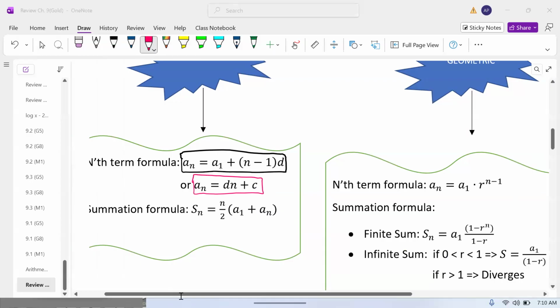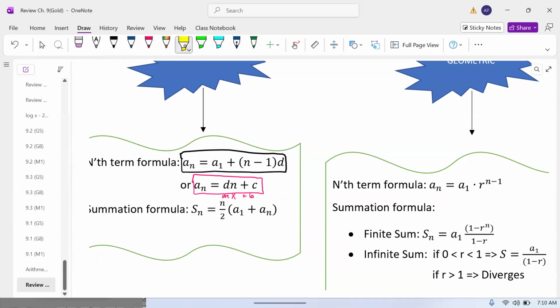So this d, the common difference, is the same thing as your slope. So this is really mx plus b form, and this c is what we call the zeroth term. So this is your a sub 0. And I will show an example of what that all means a little bit later.